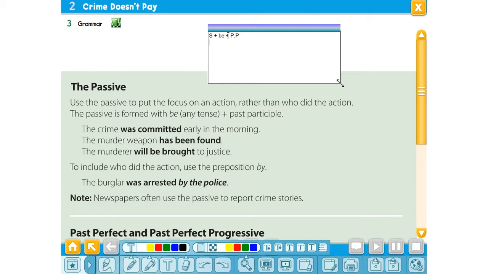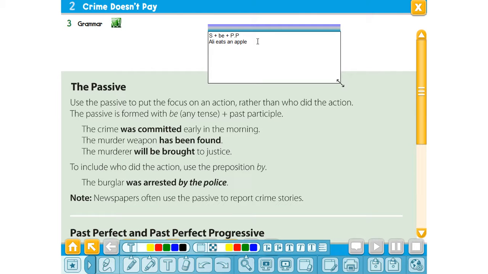Look at the example again. If we have an active sentence like Ali eats an apple, change it into passive. We know this sentence is in the present because we have eats here.